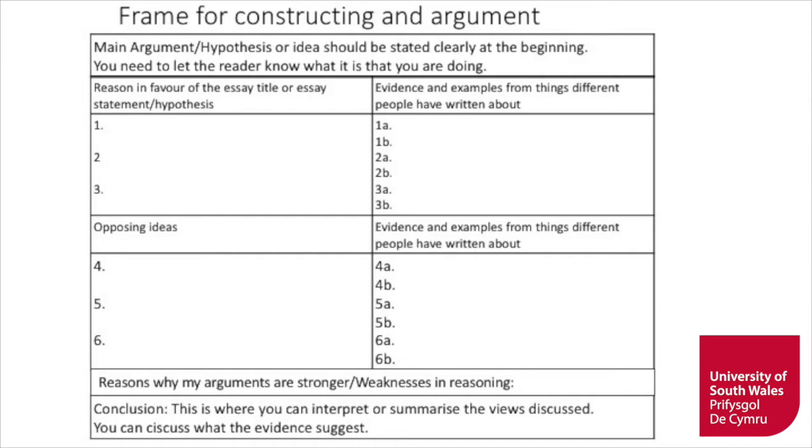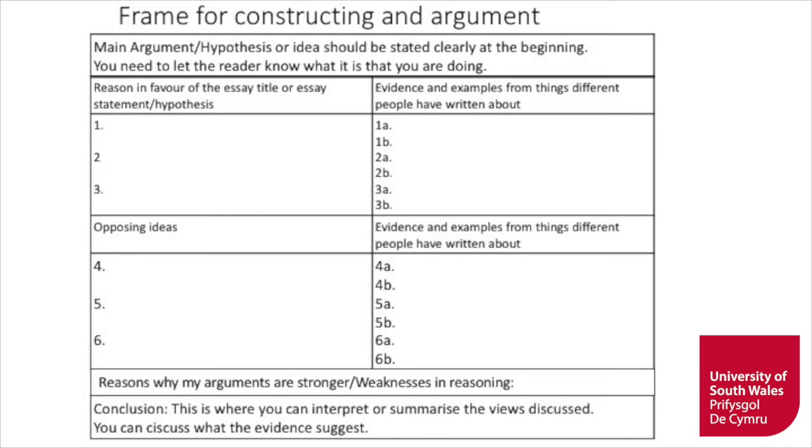At the bottom, you also need to include the opposing views and ideas. I've said already, it's important that you're not just one-sided, you're creating that argument between the two and having evidence to support that. So you'd have three points that look at opposing views, but really importantly, as I've said all the way through, you need to make sure you have evidence and examples from different people who have written about this to support your opposing views.